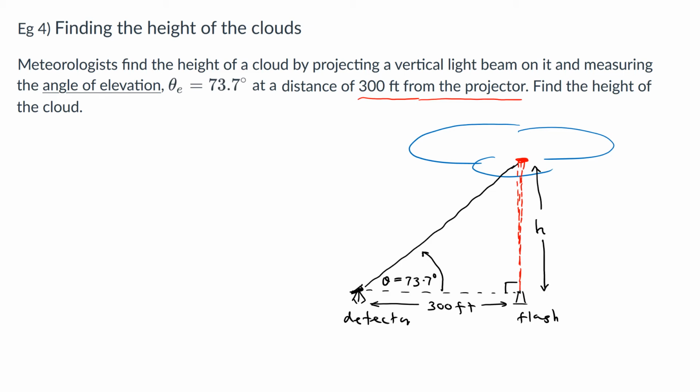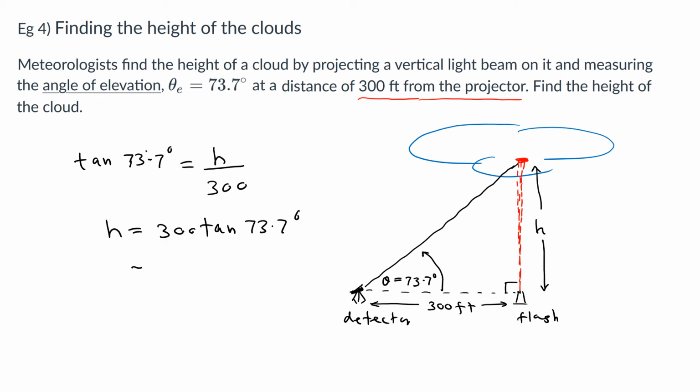So tan 73.7 equals the opposite, that means h in this case, over the adjacent, which is 300. And then just by cross multiplying, you can see h is simply 300 times tan 73.7.